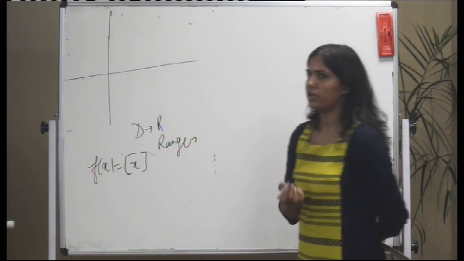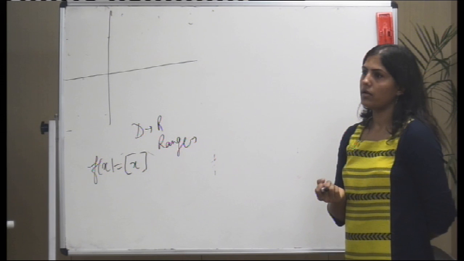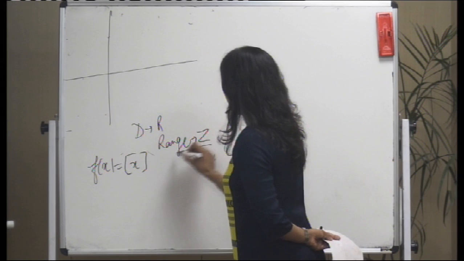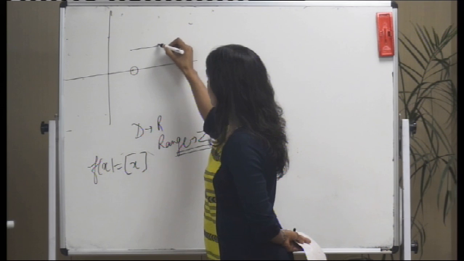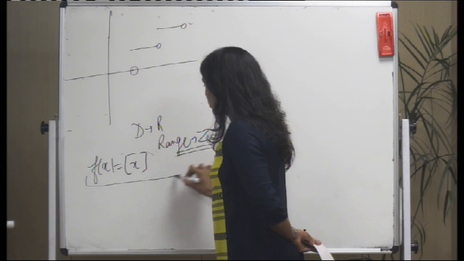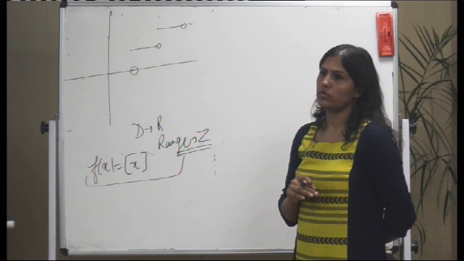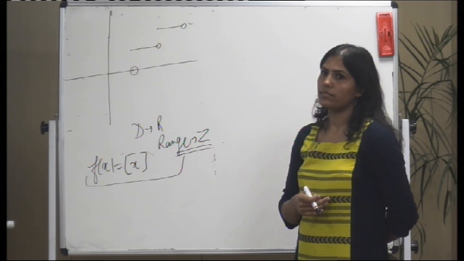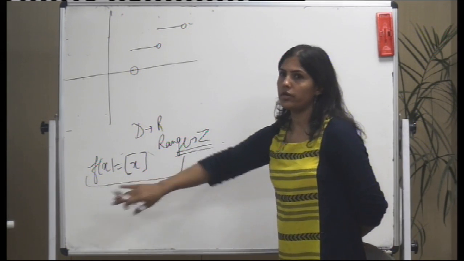There is no need of range, but anyhow I am asking you. Yes, she is right, the set of integers. The graph is open here, then this is how the graph goes. What are the points of discontinuity for this function? At which points is this function not continuous?